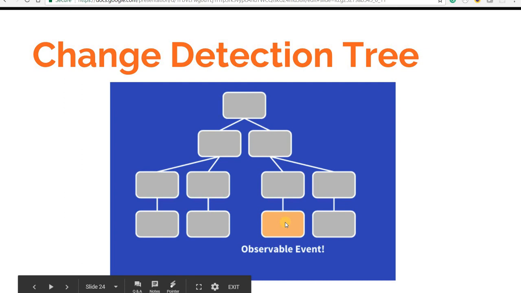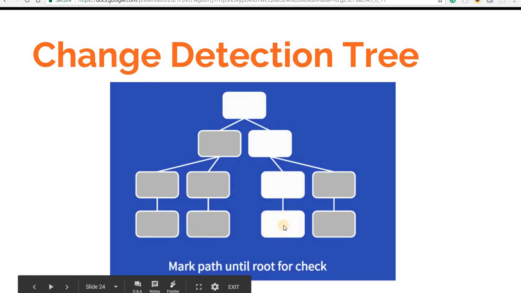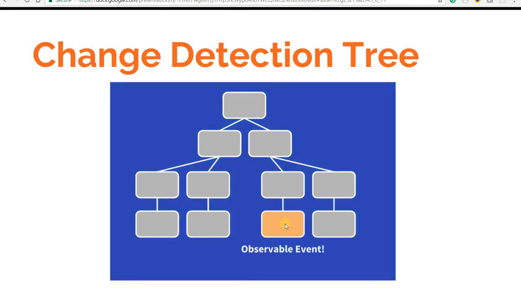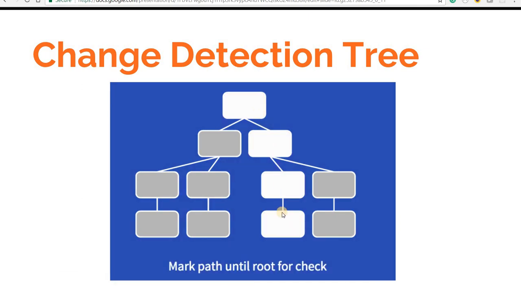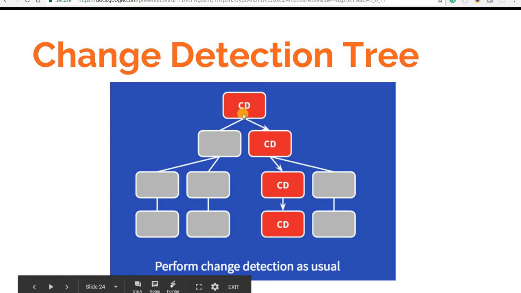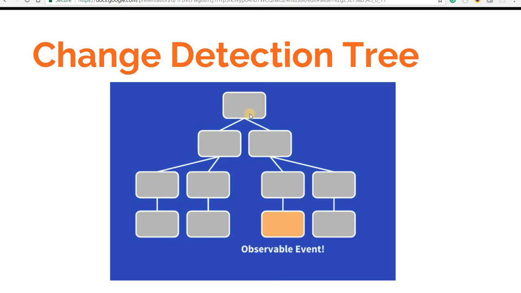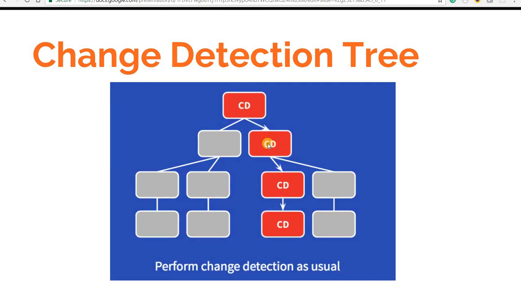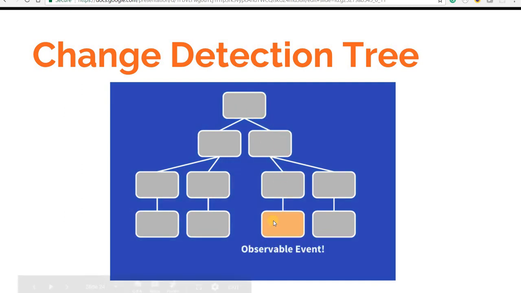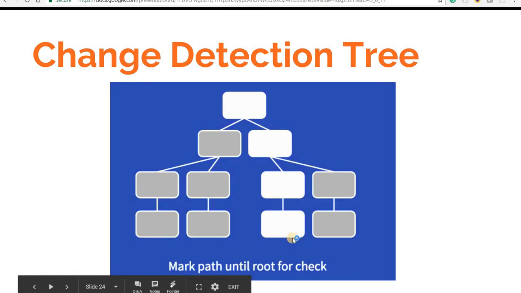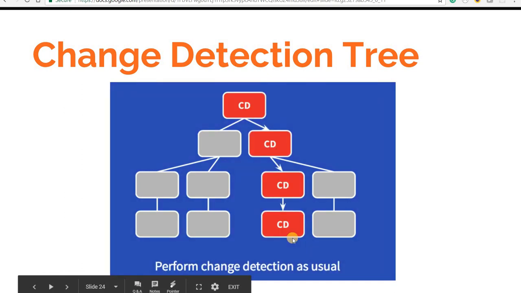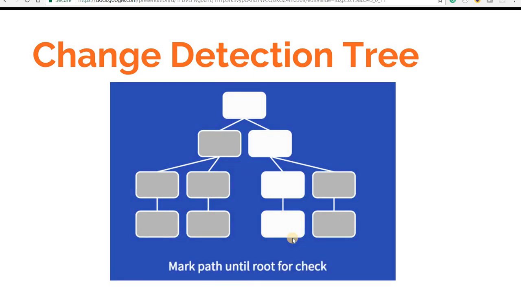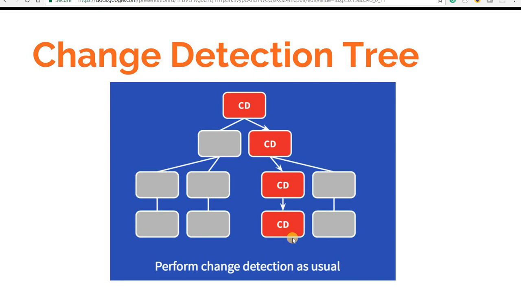Say if this particular component in this component tree right here changed, it will select this particular path until the root of this component to be checked, and then when change detection is performed, it will start from the root component and then it will trigger down to this particular path. This is generally the case when you have set the change detection strategy to on push.